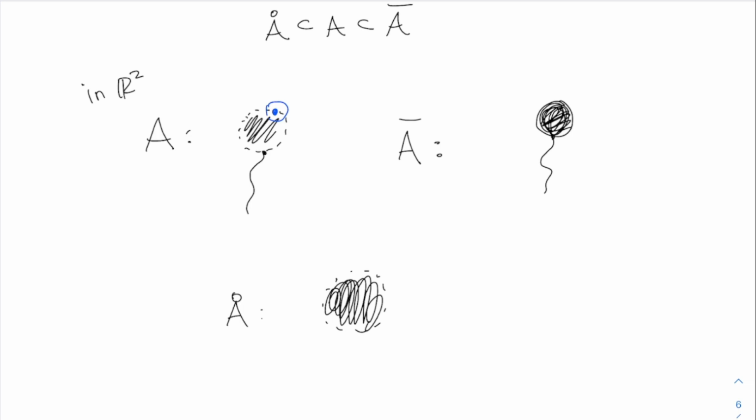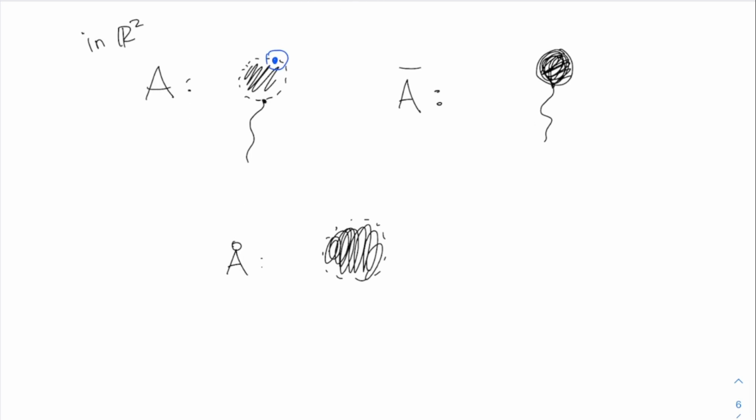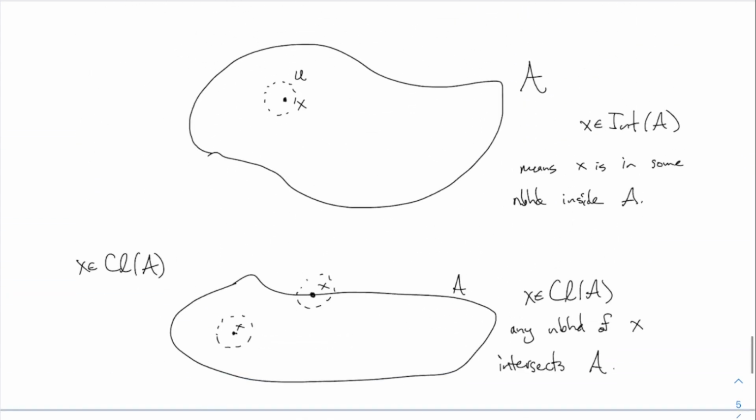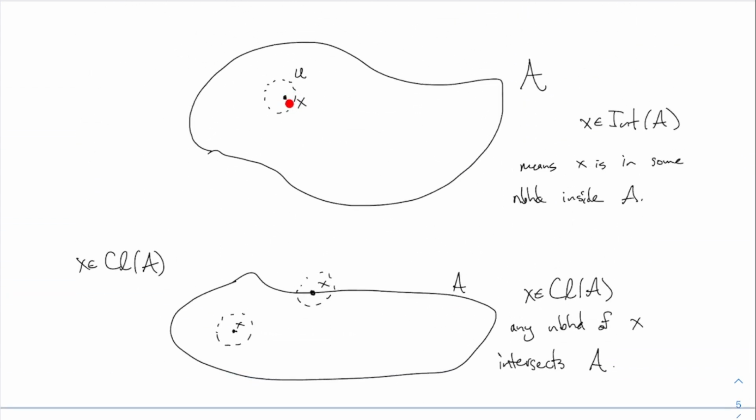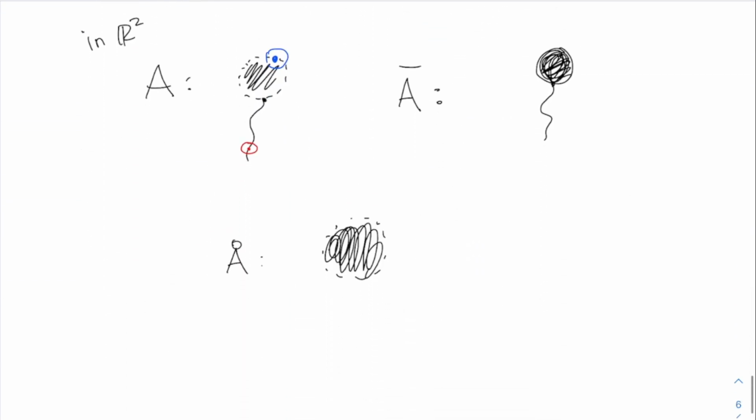Because those points on the string are not part of the interior. That's because if you put a neighborhood around one of the points on the string, that neighborhood is not fully contained in A. That's what it means to be in the interior, right? And that's not true of the string points. They are part of the closure, but not the interior. So this one, no string. All right, I think that'll do for closure and interior.